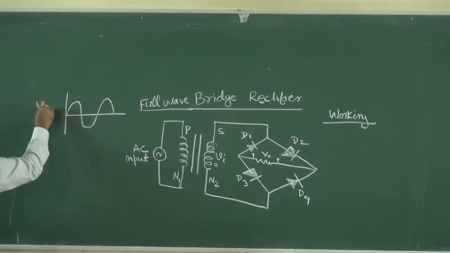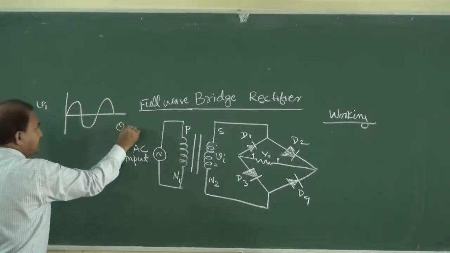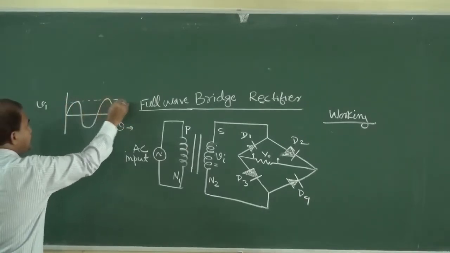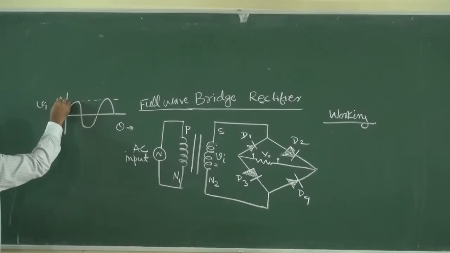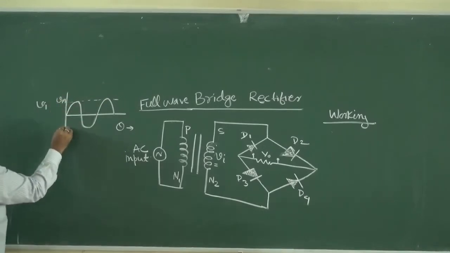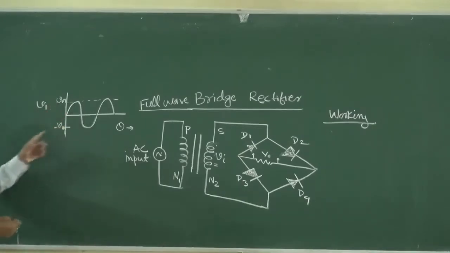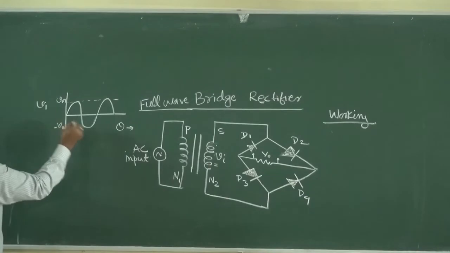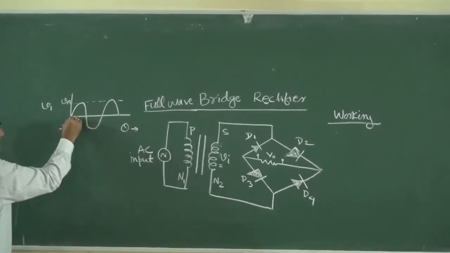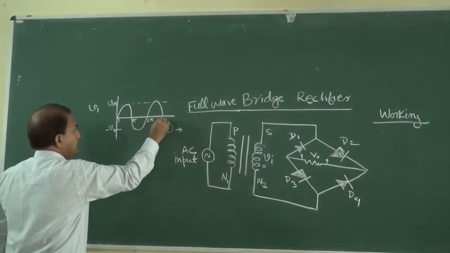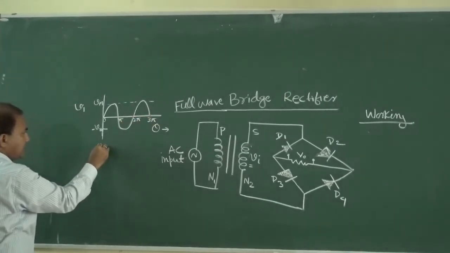Suppose this is Vi versus theta, and the peak amplitude is Vm, and on the negative side it is minus Vm. This is Vi versus theta, so it is 0, pi, 2 pi, 3 pi like this.